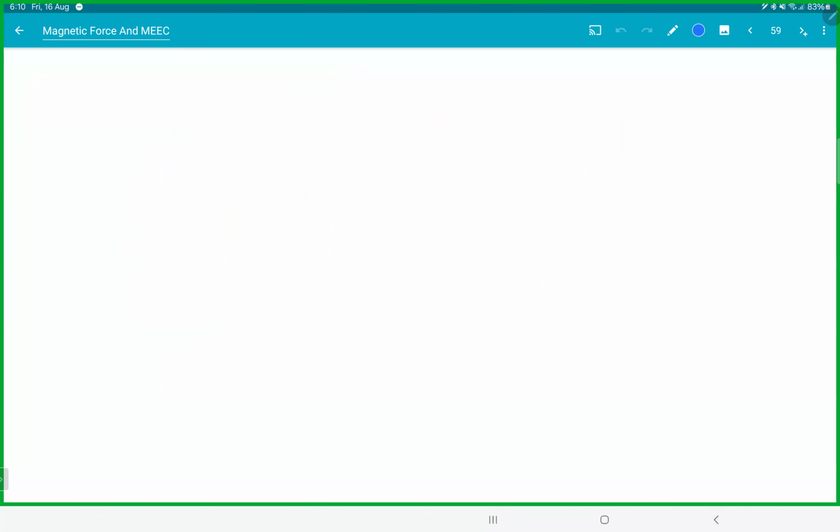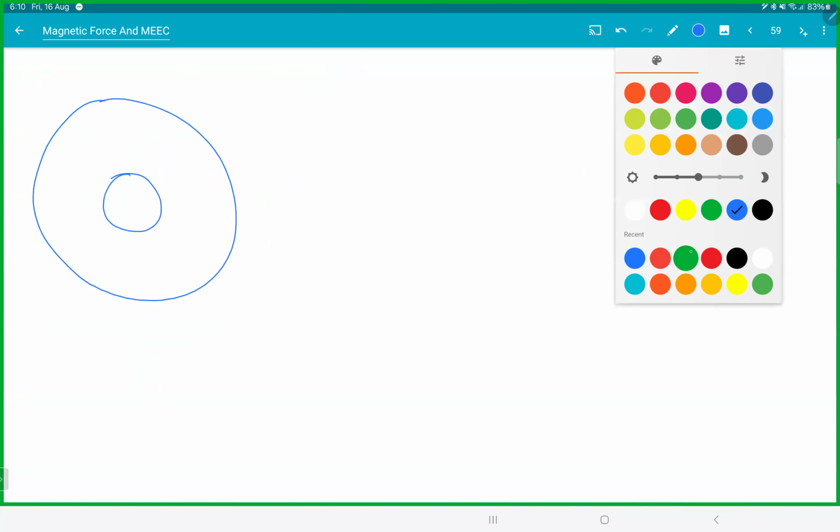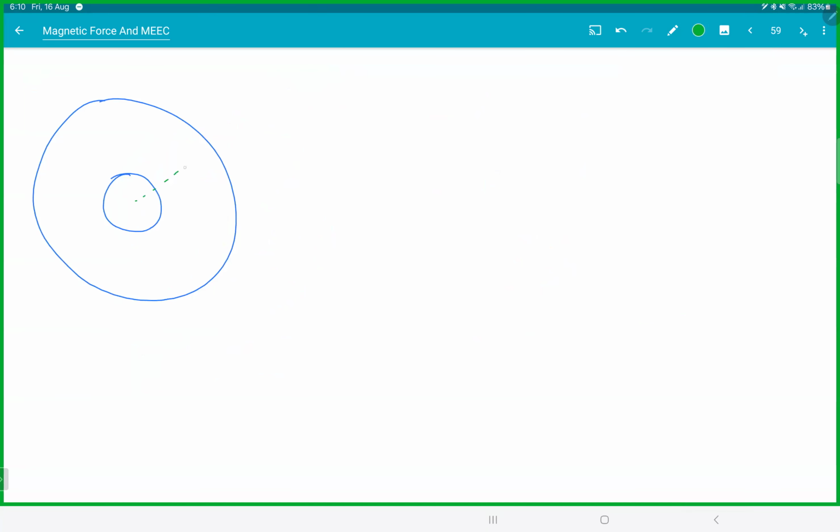So what do you mean by this? Let's say at a distance x, if you take a thin strip, this is what it means. If you take this thin strip, the current in this thin strip will be k dx.